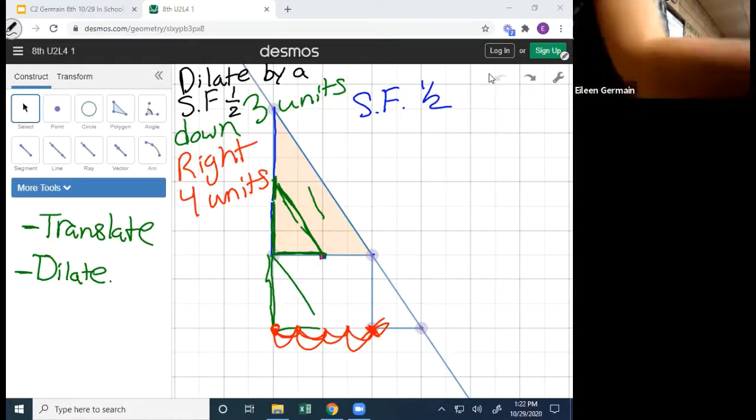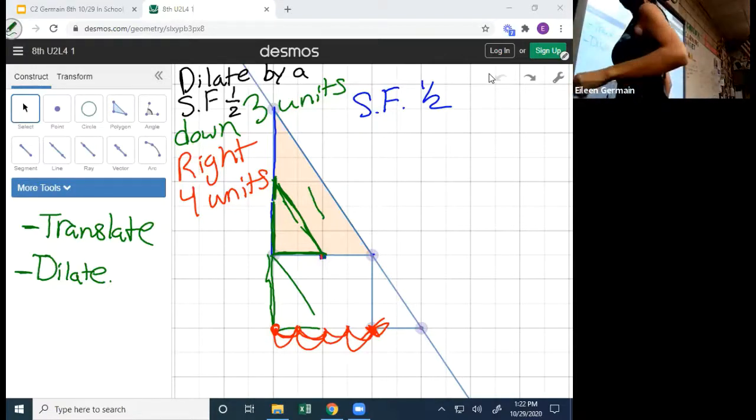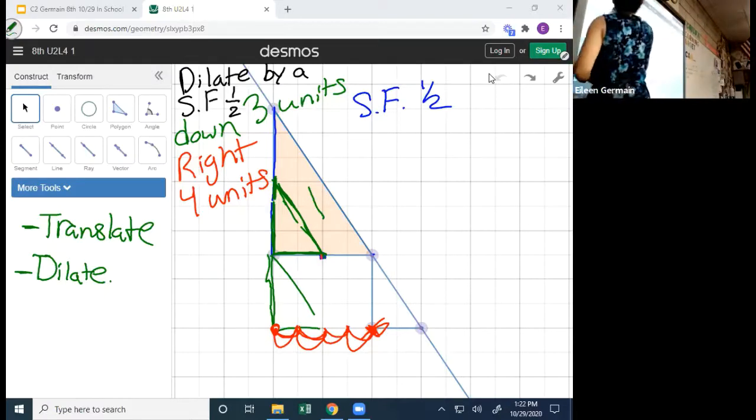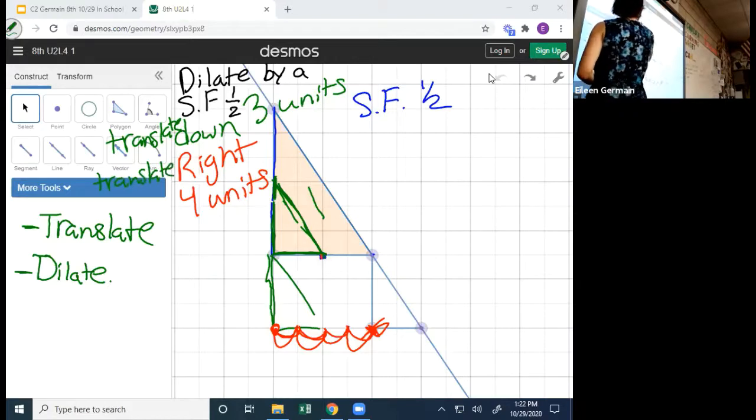First, we dilate by a scale factor of 1/2. Then we translate down 3 units and translate right 4 units. Okay?